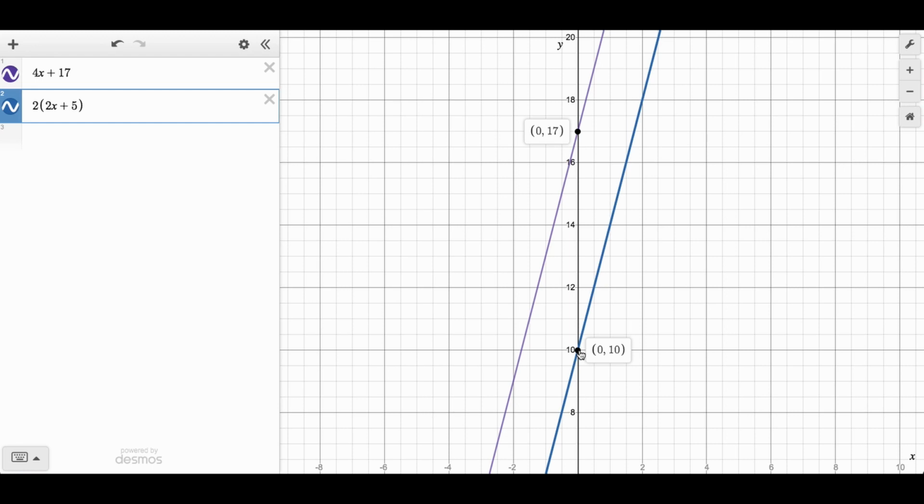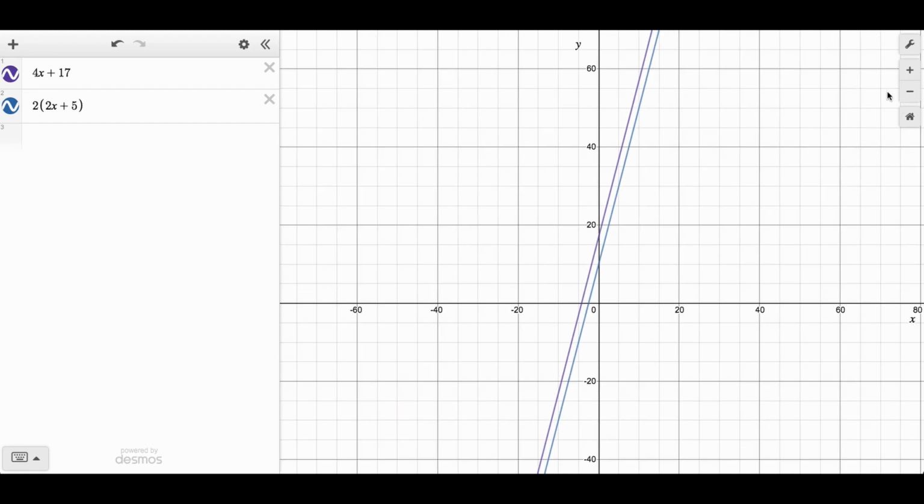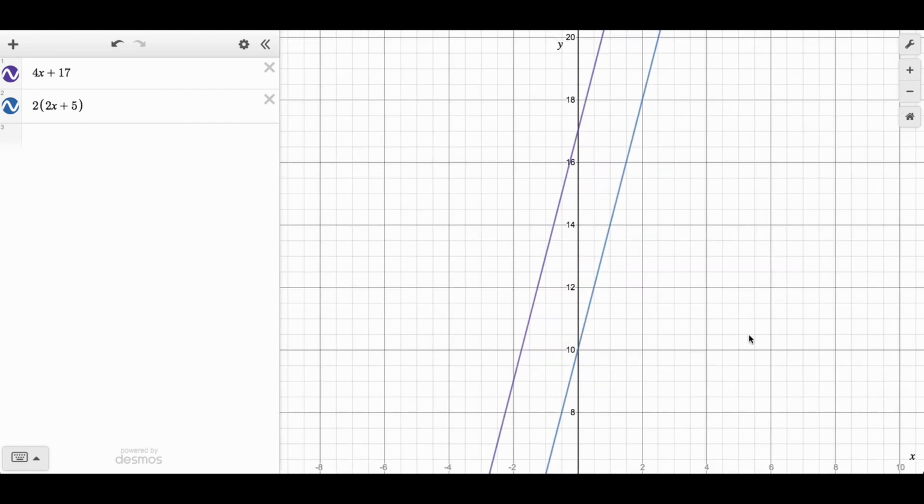They will never intersect. So if a line never intersects with another line, meaning that it's parallel to that other line, they will never have any real solution. And we'll talk about why they'll have no real solution later.